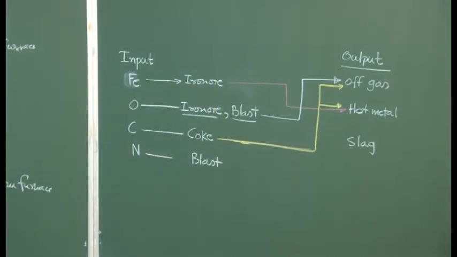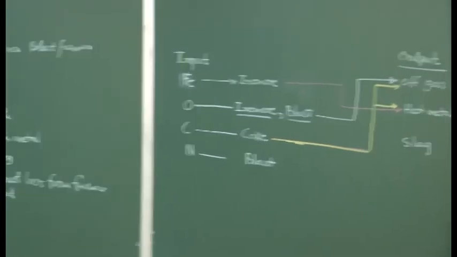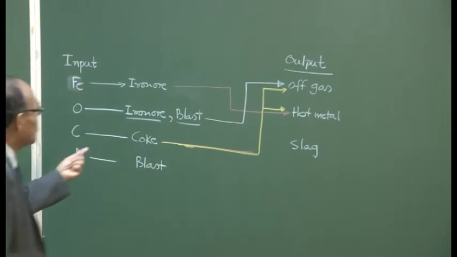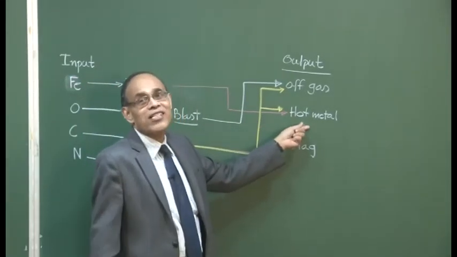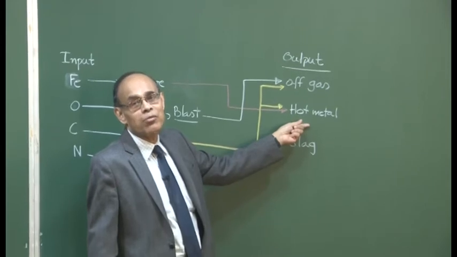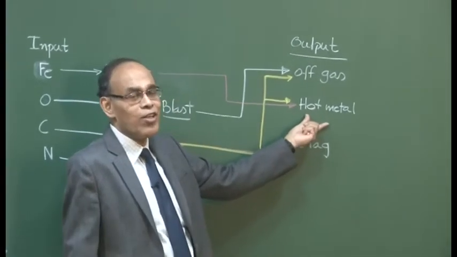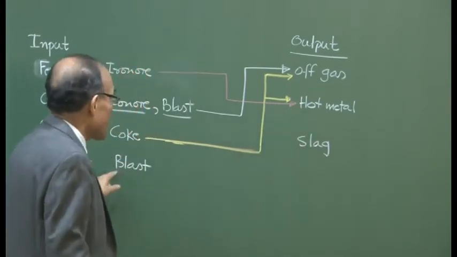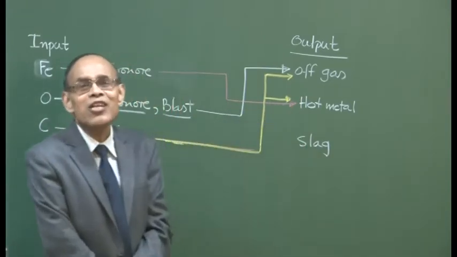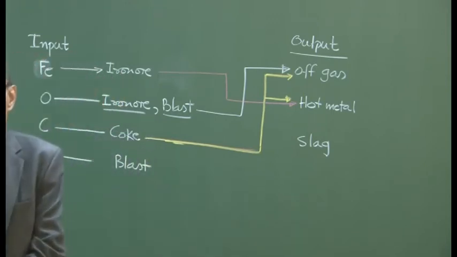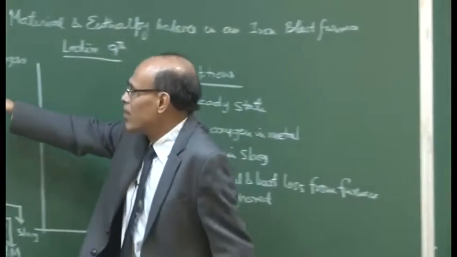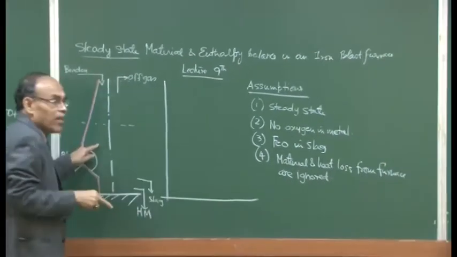The carbon that I have charged, I wanted it to reduce the hot metal, and it formed carbon monoxide. My objective was not to waste some valuable carbon in the form of dissolved carbon. Of course, this carbon is going to be useful later on in the steel making process, but as far as the blast furnace is concerned, the carbon that sits in the hot metal does not take part in any reaction per se. We can imagine that carbon is charged at room temperature, gets heated up, and then a part of it gets dissolved.